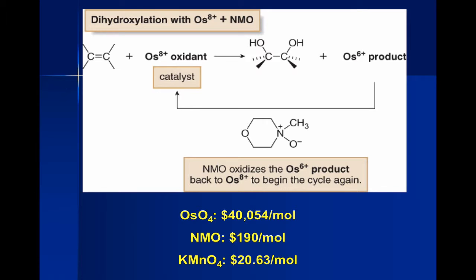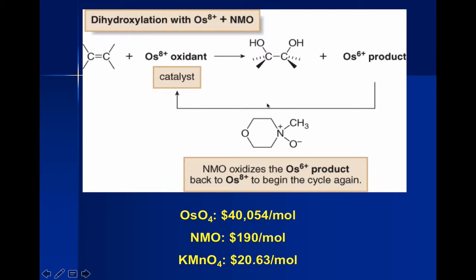However, we can add another oxidant, which will oxidize osmium 6 back to osmium 8, and then that can undergo chemistry again. The oxidant that's readily used for this is called NMO, N-methylmorpholine N-oxide. This ring is called a morpholine ring. So you have a structure like this.